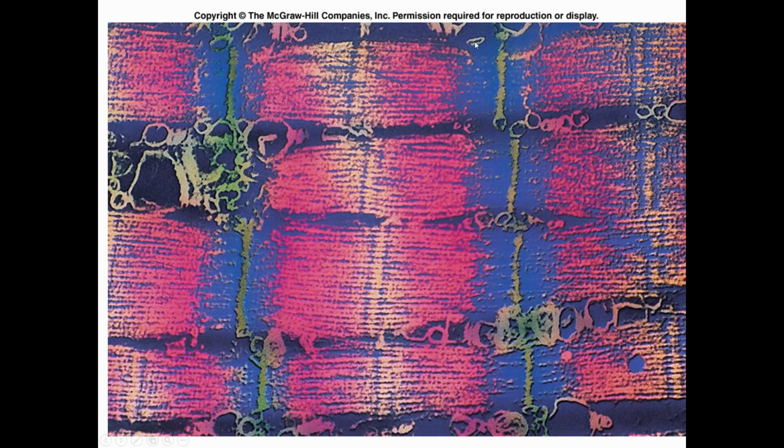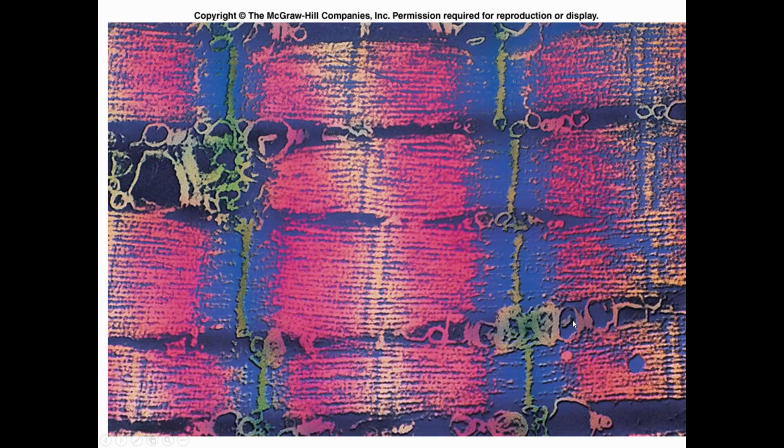Notice there's some blue places, that's the I band. Notice there's this pink and yellow area, that's the A band. This is where the myosin is, this is where the actin is all by itself. There's an H band or an M line down the middle that kind of anchors the proteins in the middle.